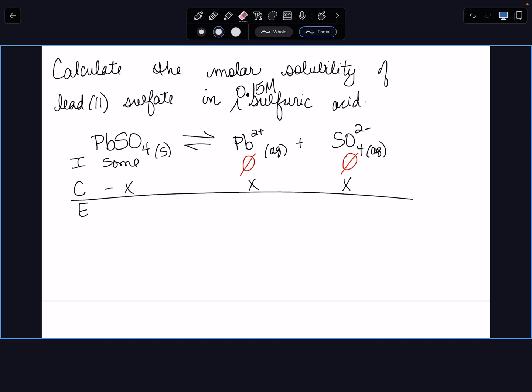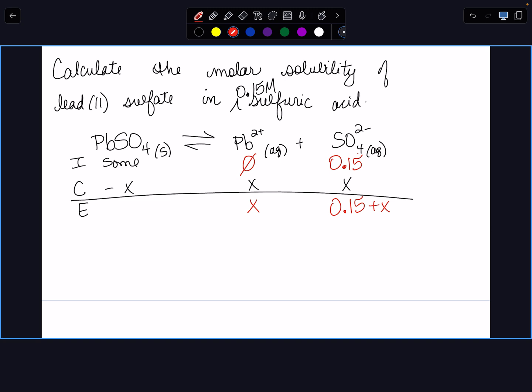So the sulfate is the common ion, and I'm no longer starting with 0 sulfate. Now I'm starting with 0.15 molar sulfate. That means at equilibrium, I'll have X amount of lead, and the sulfate is going to be 0.15 plus X.